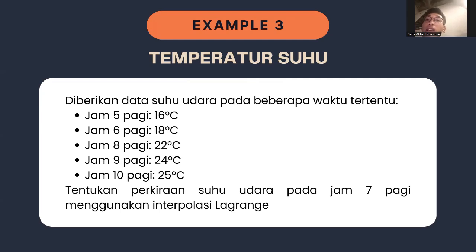At 9 o'clock, the temperature is 24 Celsius. And at 10 o'clock, the temperature is 25 Celsius. The question is, what is the temperature at 7 o'clock?